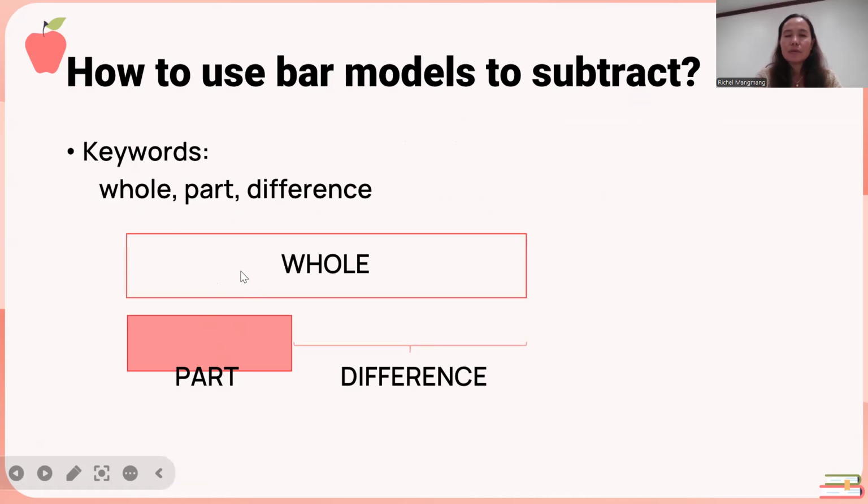For example, when we divide the whole into 2 parts, we have the part here, and the other is the difference. Actually, they are 2 parts because I divided it into 2. We only name it difference here just to relate it to subtraction.